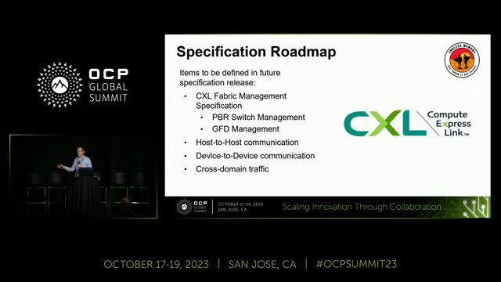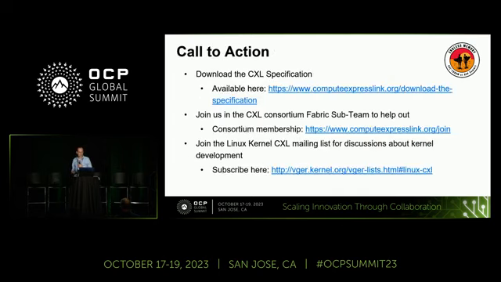So you can look forward to seeing that in the 3.1 release. Details on PBR switch management, GFD management, mechanisms for host-to-host communication, device-to-device communication, and cross-domain traffic. There's a lot of very interesting fabric capability coming up, and I'm really looking forward to presenting that to the community.